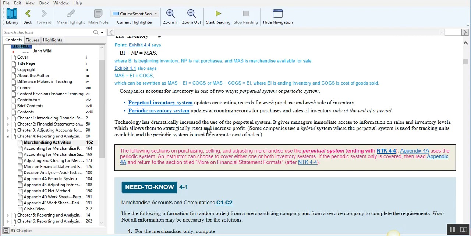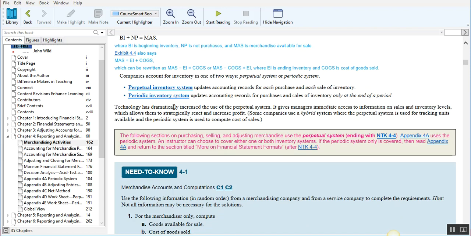Now, if we're using a perpetual inventory system, which we will use here in this class, we're going to be on a regular basis accounting for the cost of goods sold as we make those sales, both at the retail amount, the sales amount, and the actual cost amount, which is what we've recorded in inventory.